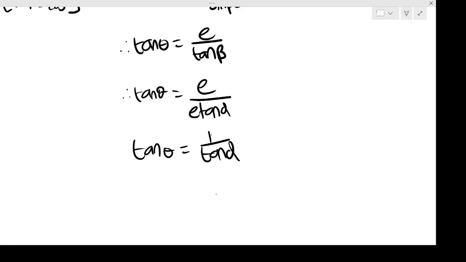I'm going to need to somehow simplify this fraction. Well, what we could say is that 1 over tan alpha, since tan is sine over cos, if I flip it, is cos over sine alpha.